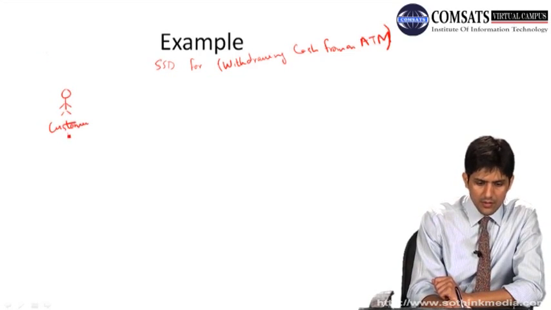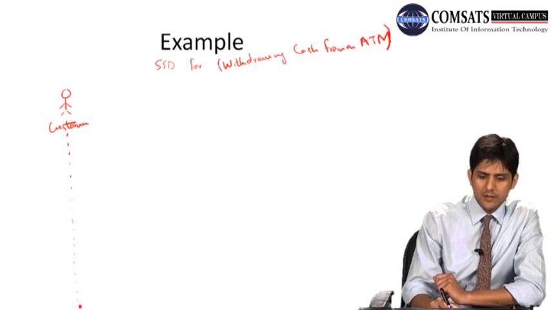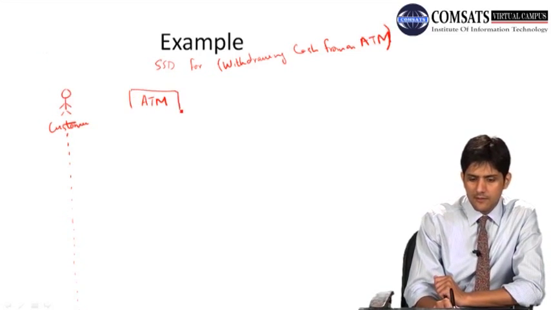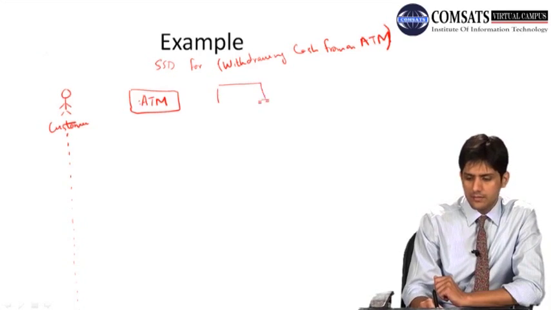जो कि basically हम हैं, ठीक है, और हम कहते हैं कि जी ये इसकी लाइफलाइन है. Okay, and then we have this ATM machine जिसको हम कहते हैं, ठीक है, and then we have this bank.